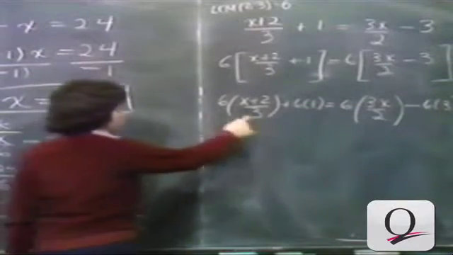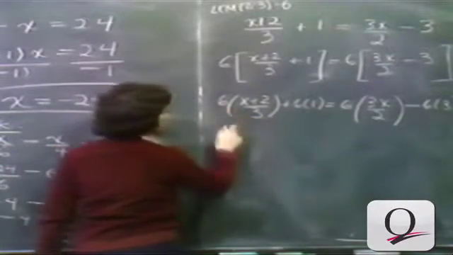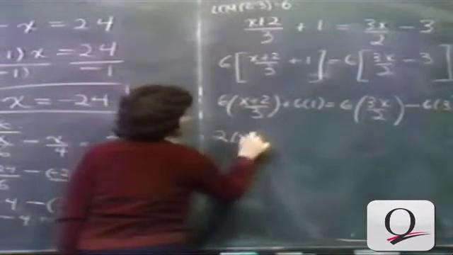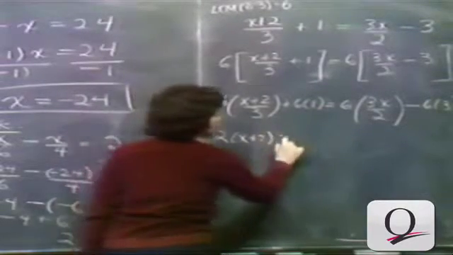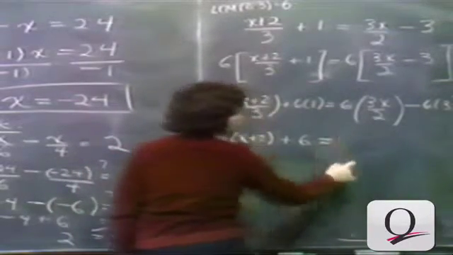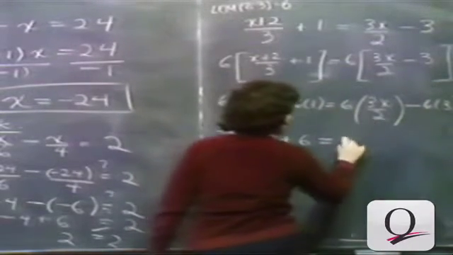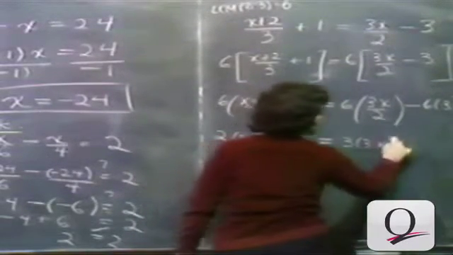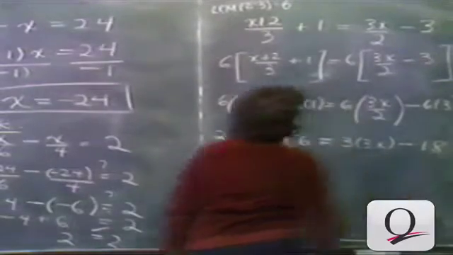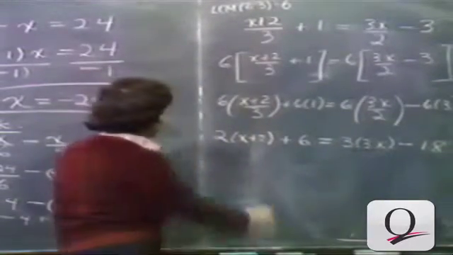Now, 6 divided by 3, that's 2, so we have 2 times x plus 2 in parentheses, plus 6 equals 2 into 6 goes 3 times 3x minus 18.